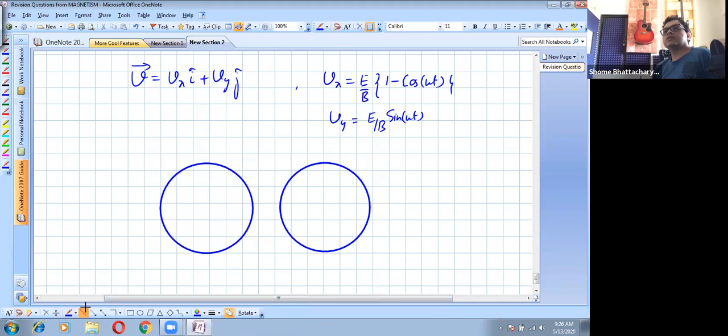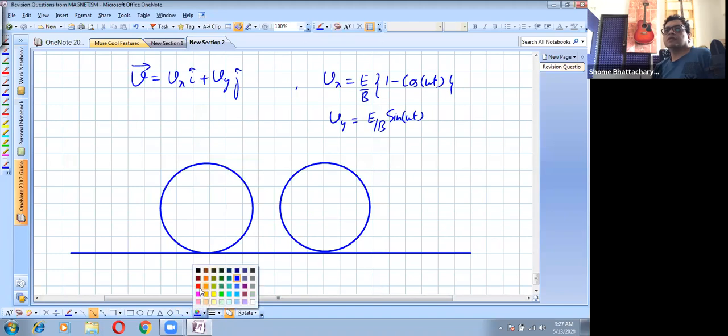So if this is our horizontal surface along which this object is rolling, let us say it has a center of mass velocity which is some v naught, and some angular velocity about the center of mass is omega naught. So v naught is equal to r omega naught.